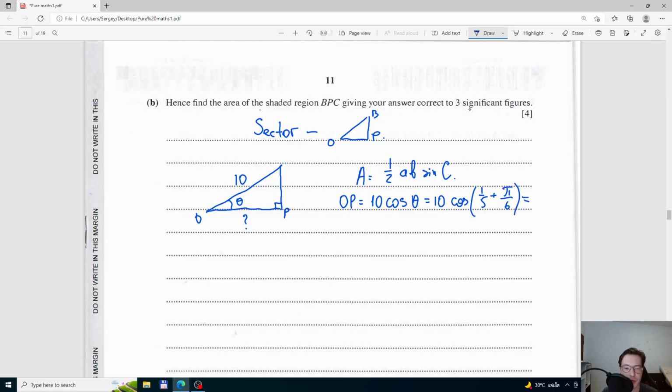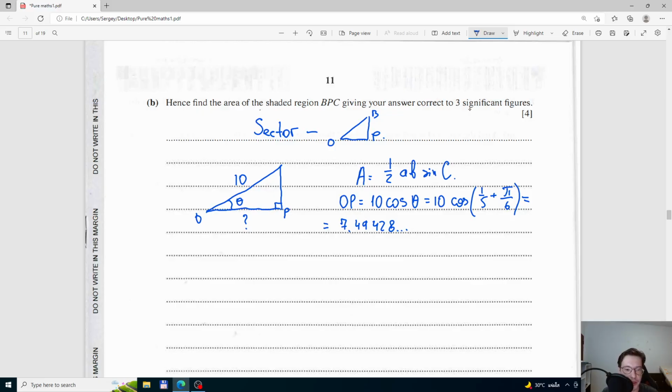Now don't forget to switch your calculator into radians. And I got 4.49428 and so on. I'll just keep more digits for better precision.